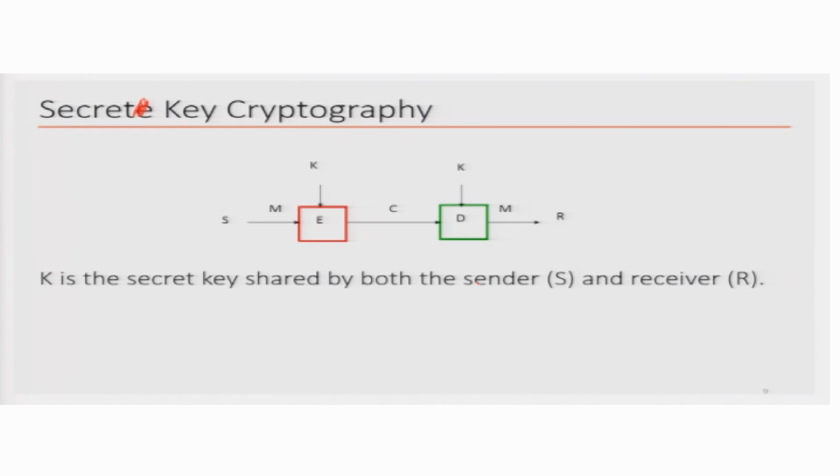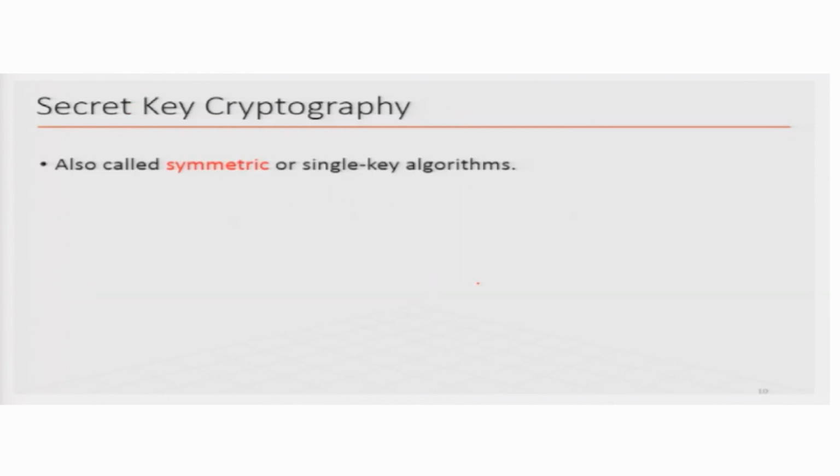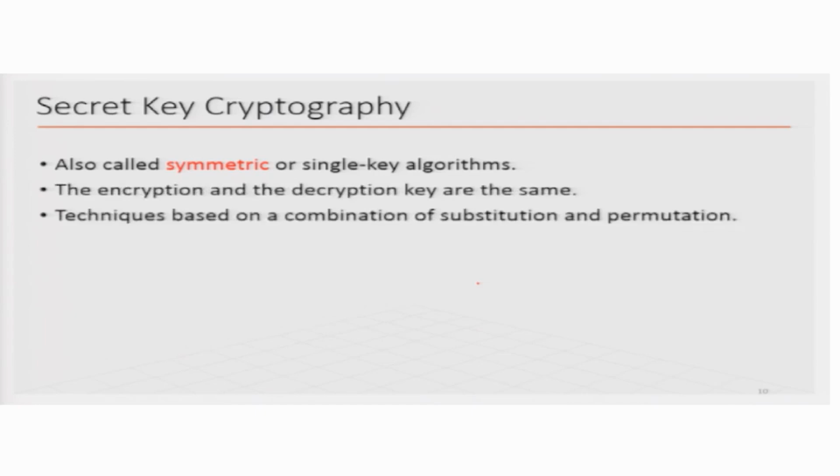So, this is one of the problems of symmetric key. Symmetric key is also called a single key algorithm, because you have only one key shared between the receiver and sender, and obviously the two keys are the same, and most of the time these encryption algorithms are also pretty simple. They are simple, but they are tedious.